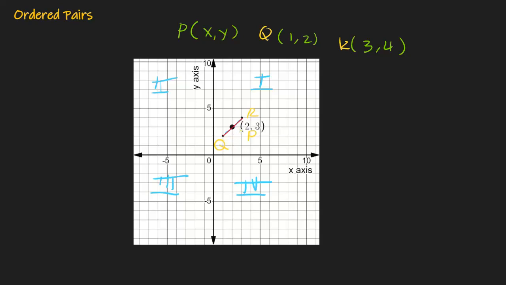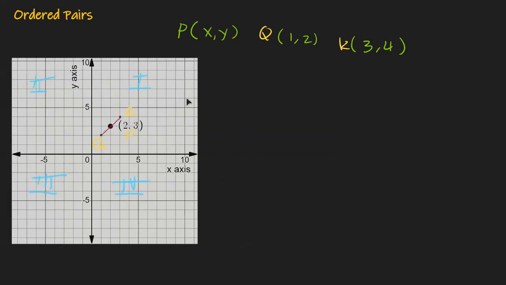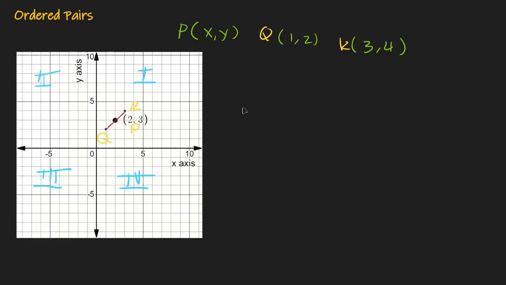Our goal will essentially be to find the distance between these points. Notice that if we look at the distance from Q to R, in order to do that we need to form a right triangle. So we'll form a right triangle right here.